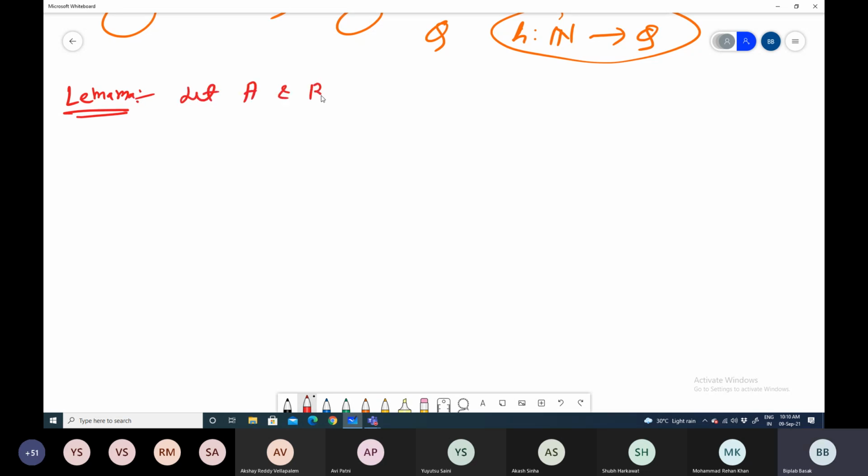So let A and B be non-empty. Then the following are equivalent.